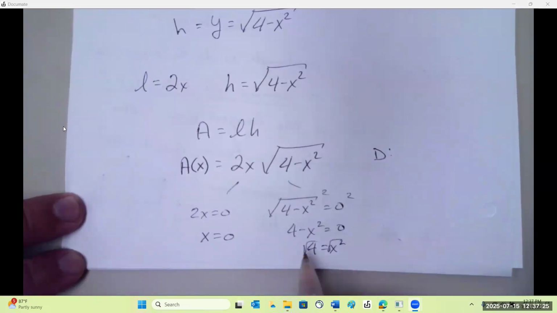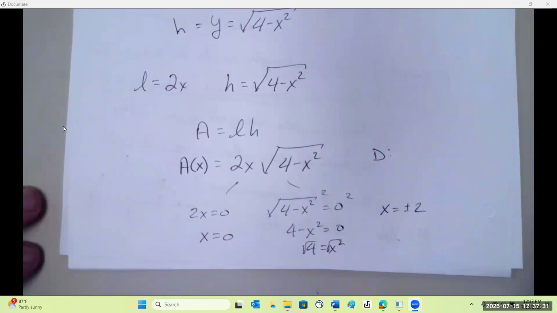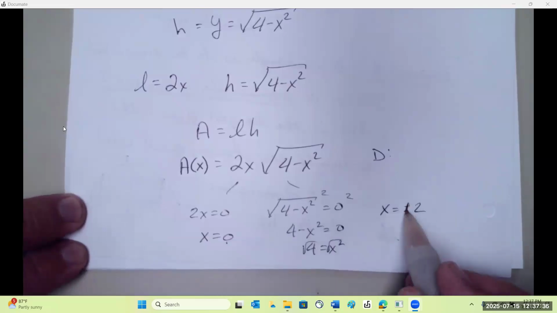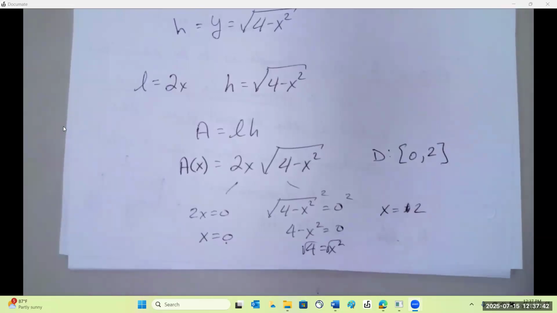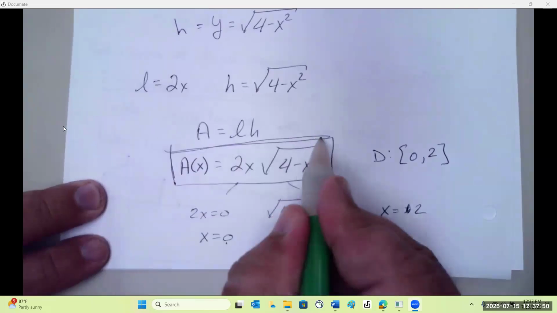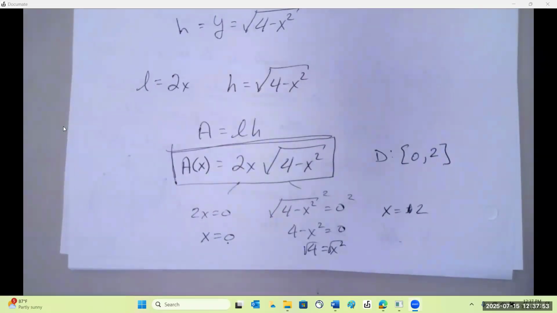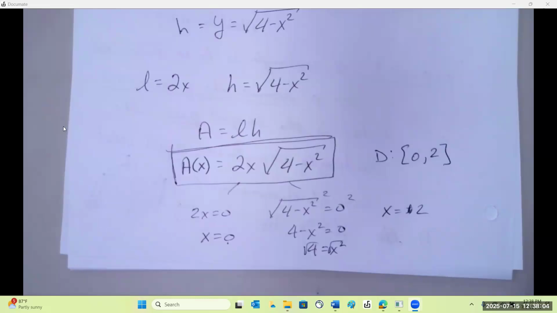Square root both sides. So x is equal to plus or minus 2. Since we're starting at 0, we only go to positive 2. So our domain is from 0 to 2. And here's our formula for area of the function. Okay, we have everything defined. We have our domain. This is where x has to sit. Cannot be above it, cannot be below it.